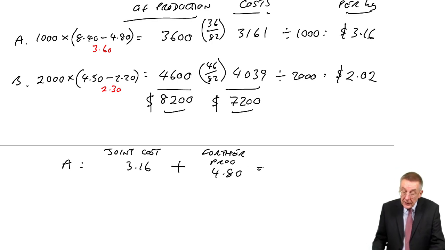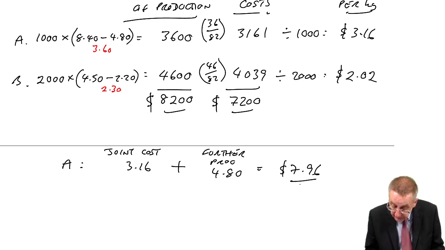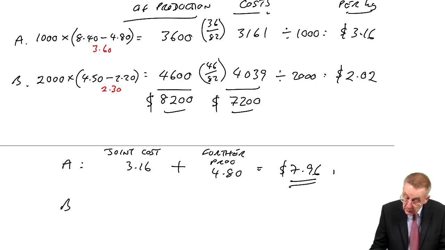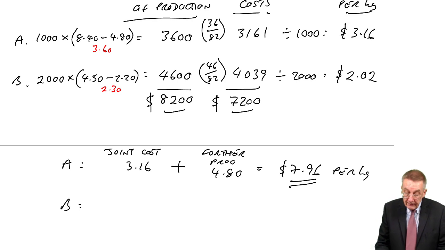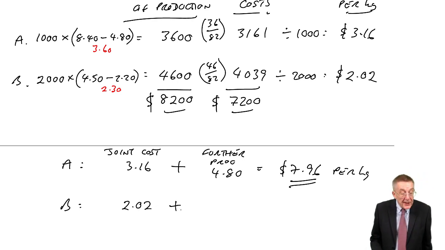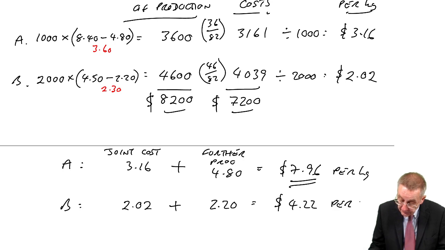So the final cost is $7.96 per kilo. Whereas for B, finally, the joint cost, we put 202. The further processing for B is $2.20, giving $4.22 per kilo.